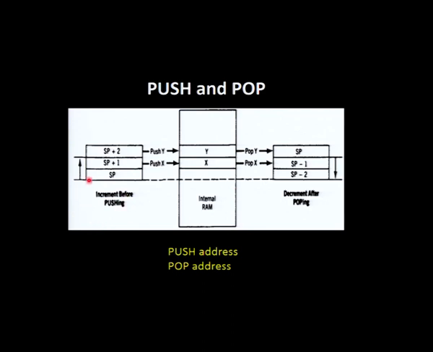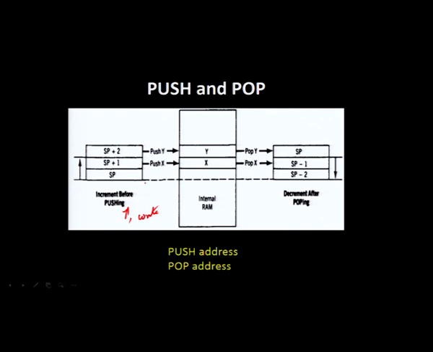If you want to write data, we use the push instruction. During the push instruction, first it will increase the location, and only then it will write the data. So, for push, first it increases its address, then it writes.